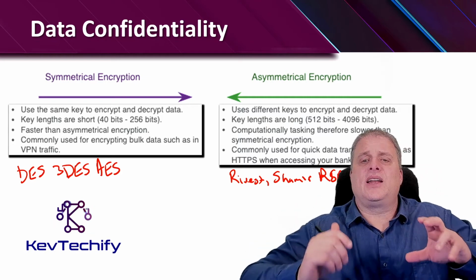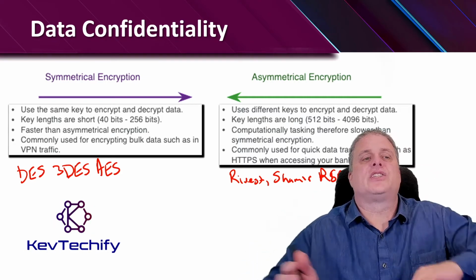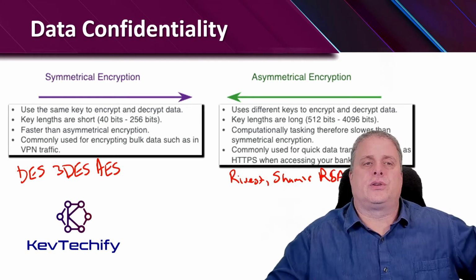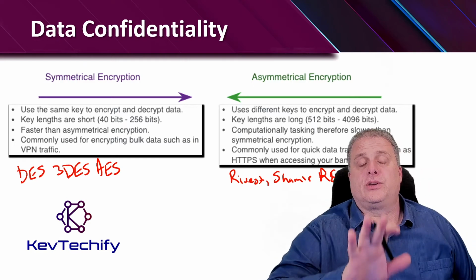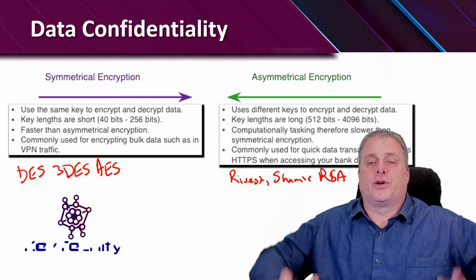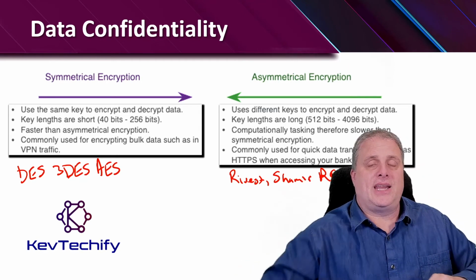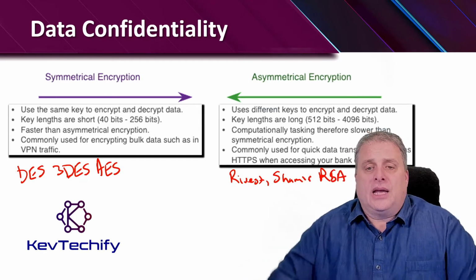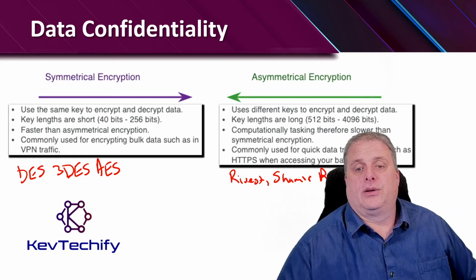It does take a lot of computational power, and because of that, it is slower than the symmetrical encryption counterpart. Asymmetrical encryption is commonly used for quick data transfers, like HTTPS when you're checking your bank data or your medical records. Something quick that can happen across that network.